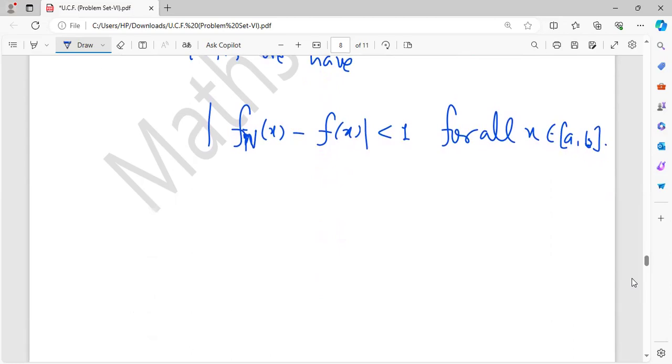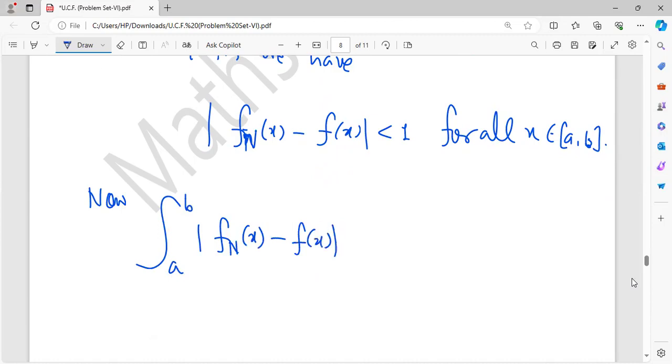Now, what does it mean? Now you see that the integral from A to B of |Fn(x) minus F(x)| to the power P dx will be less than, because it is bounded by 1, the integral from A to B of 1 dx.